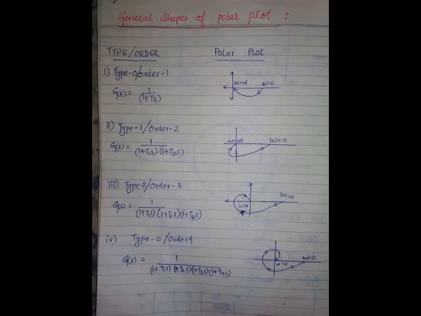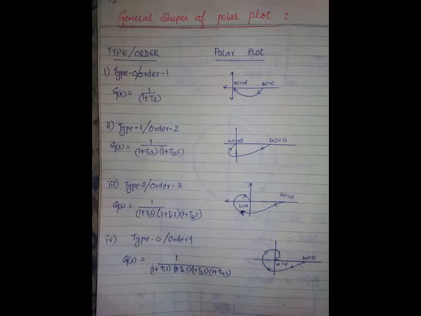Type 1, order 4. T1s, omega 0, tending to omega infinity. So these are the general shapes of type 1 plots.